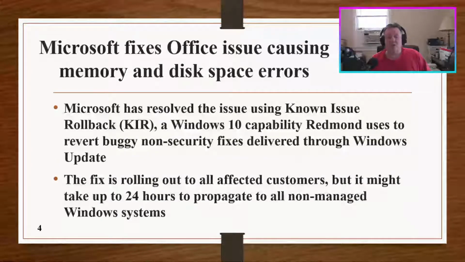Microsoft has resolved this issue using known issue rollback, a Windows 10 capability Redmond uses to revert buggy, non-sensitive fixes delivered through Windows Update. The fix is rolled out to all affected customers, but it might take up to 24 hours to propagate to all non-managed Windows systems.